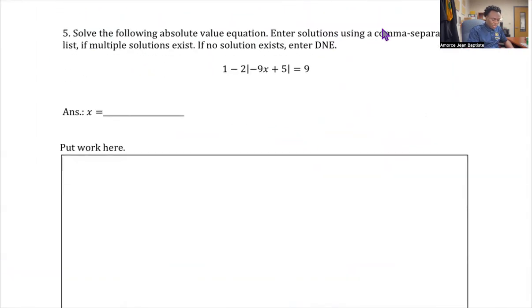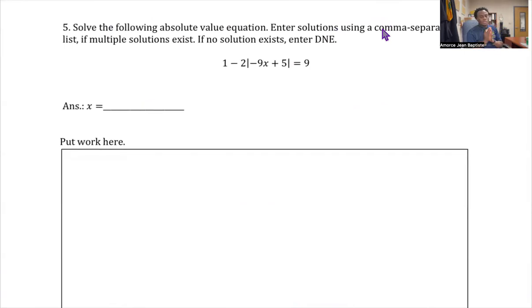So next example here, we will do the same thing, but one of the mistakes you don't want to make is to combine these two, because they don't belong together. The -2 multiplies the absolute value. The 1 is added. So we need to isolate by subtracting the 1 on both sides. So we get -2 times the absolute value of -9x plus 5.